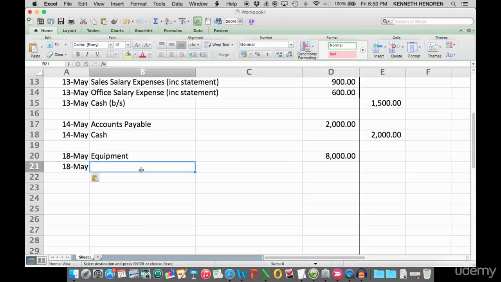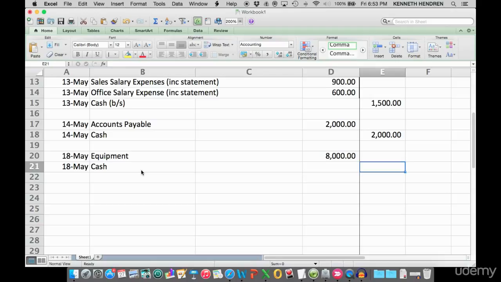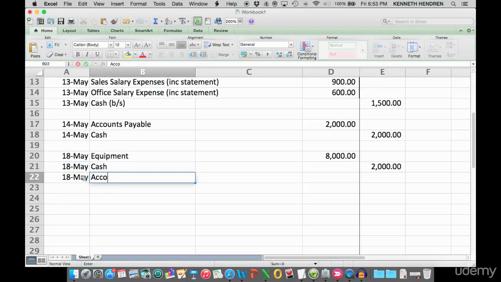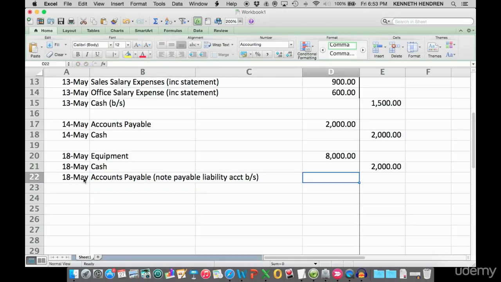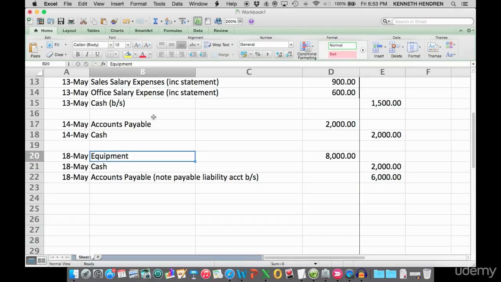So that means we paid in cash $2,000. All right. And then we have accounts payable or note payable. It's a liability account. On the balance sheet for $6,000.